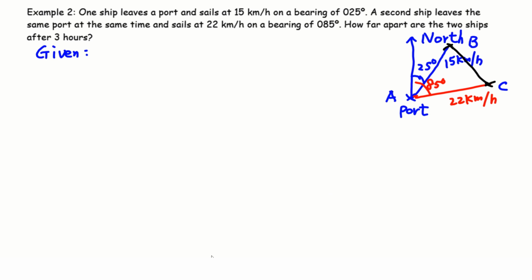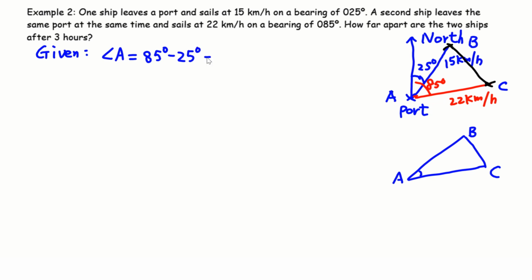So if we redraw this triangle, this angle A equals the difference of the two bearings. So angle A will be 85 degrees take away 25 degrees, and you will have 60 degrees.